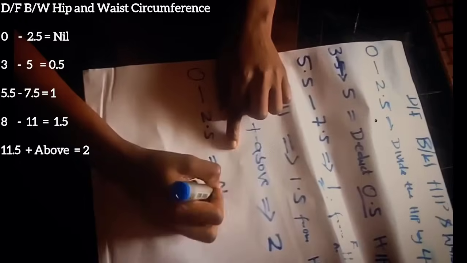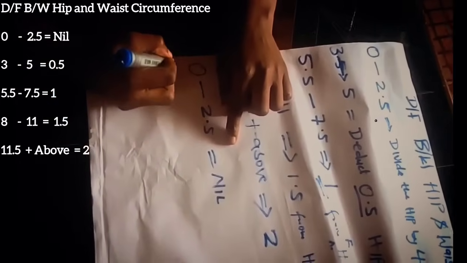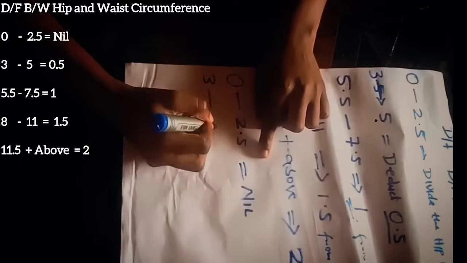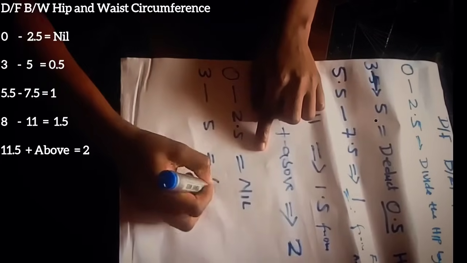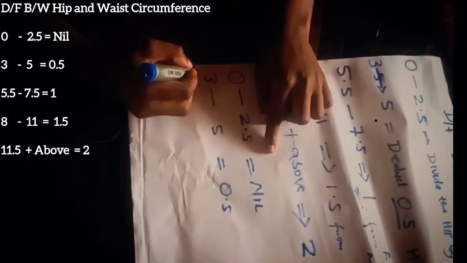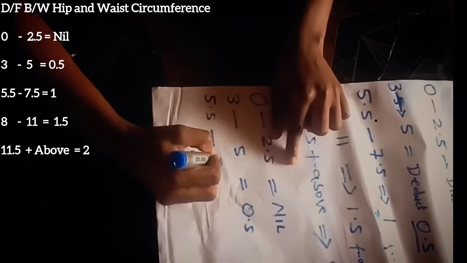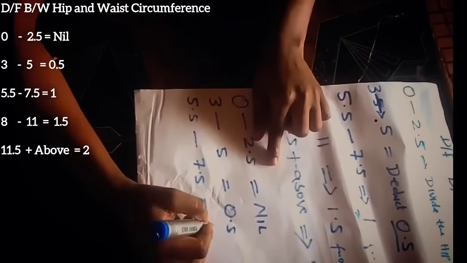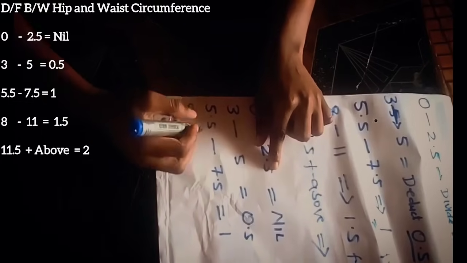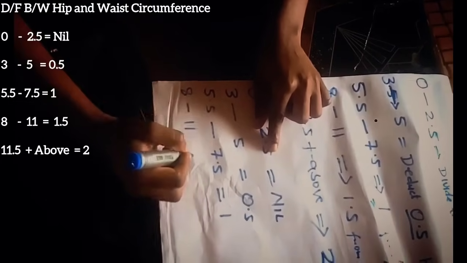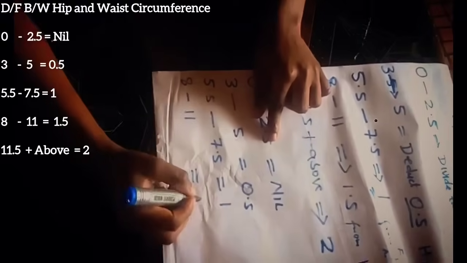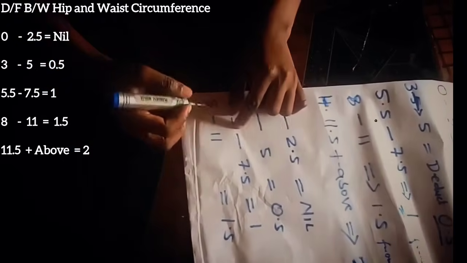So let me just go ahead and rewrite all this the way you will understand it. So let's say 0 to 2.5 inches, you are dividing your hip by 4. 3 to 5 inches, you remove 0.5 from the front hip and add to the back hip. If it is 5.5 to 7.5, it will be 1 inch.